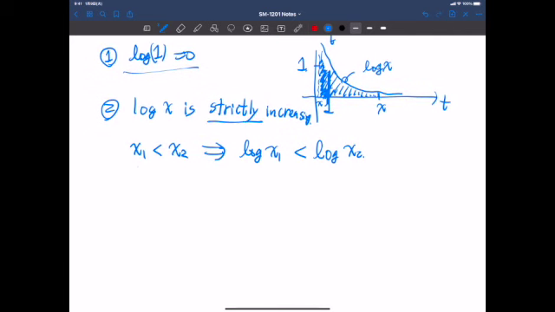This means if x1 is less than x2, then log of x1 cannot be equal to the log of x2. It is strictly less than this. So this means strictly increasing. And also, the third property, this is continuous.